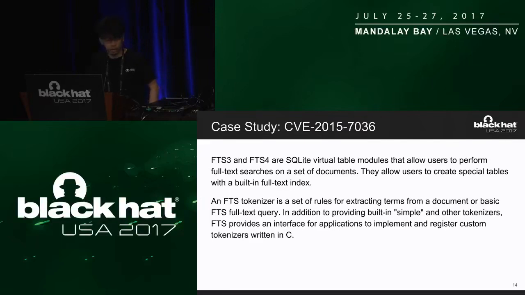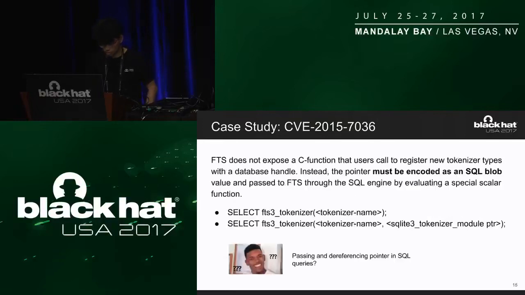FTS provides an interface for developers to implement their custom tokenizers, which are written in C. But FTS does not provide a C function to allow users to register the tokenizers.